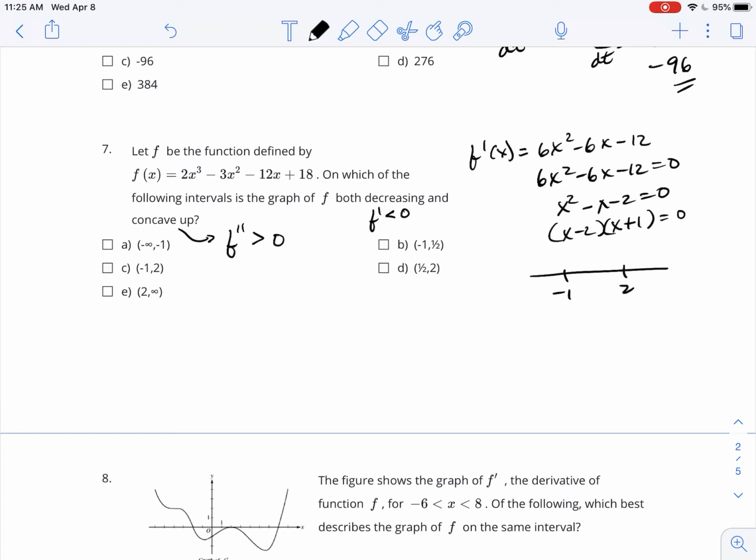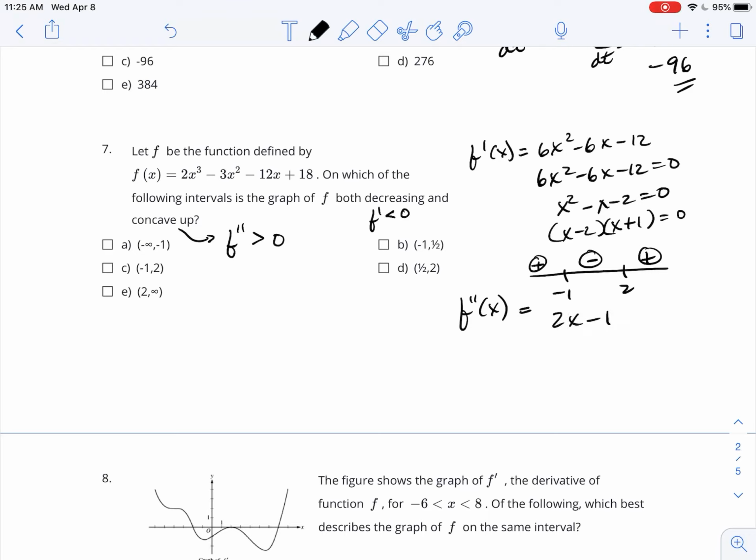So this guy is going to give me +2, and the second factor is going to give me -1. If I test these intervals, we are increasing up to -1, decreasing between -1 and 2, and increasing after 2.